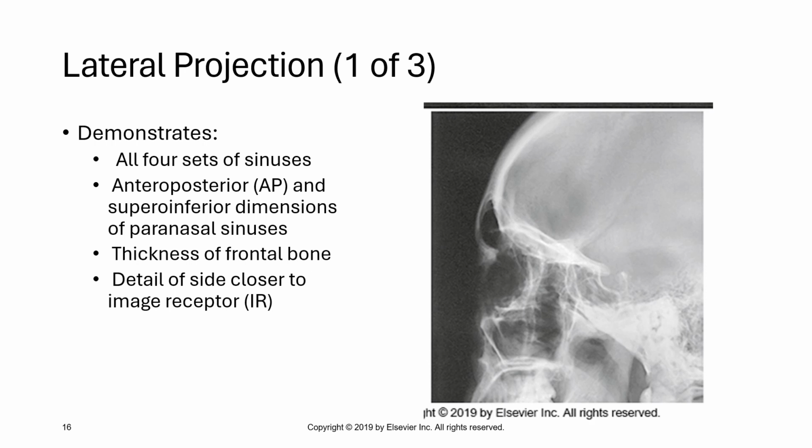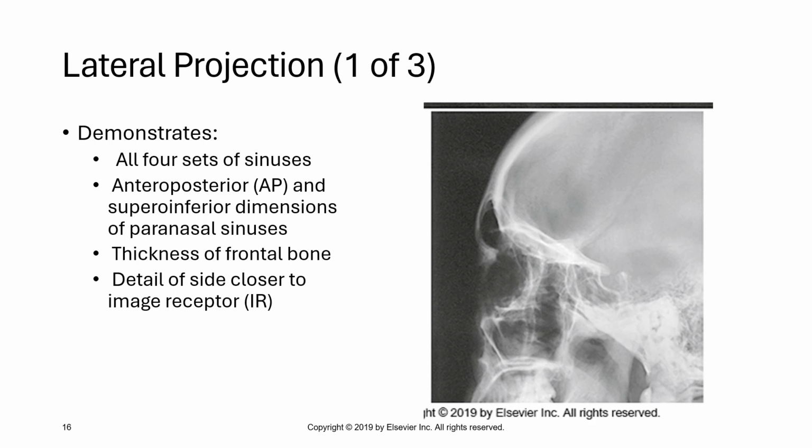Okay. You get finer details and better edge detail with the side closest to the image receptor. So if they do have some kind of known pathology, let's say sinusitis, and it's the right side that's hurting, not their left, it's unilateral to the right maxillary region, you might want to swap out and do a right lateral rather than a left lateral, because that brings the right maxillary sinus closer to the image receptor and you get better recorded detail.